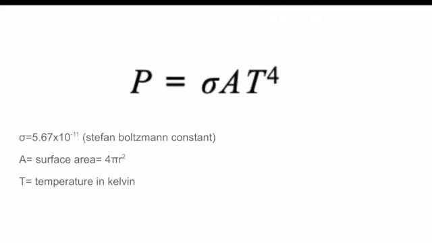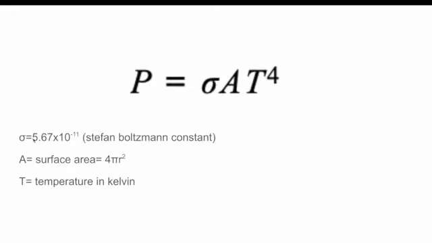And the last thing you need to know here is that power is equal to sigma times area times T to the 4. And yeah, sigma is a bit of a funny name to have, but that's what the symbol's called. And the sigma stands for 5.67 times 10 to the negative 8, which is Stefan-Boltzmann's constant.